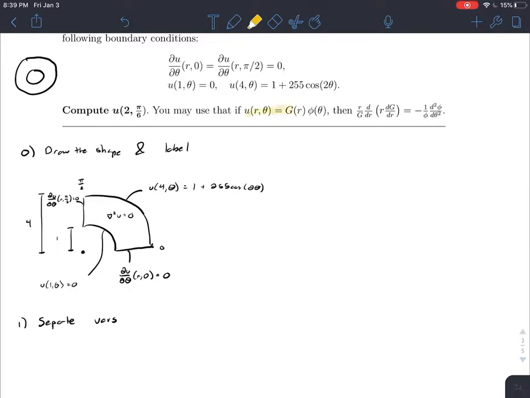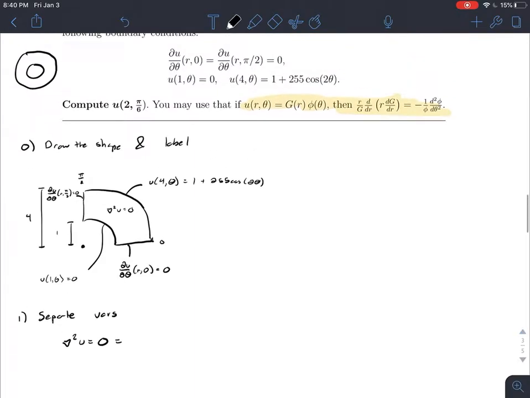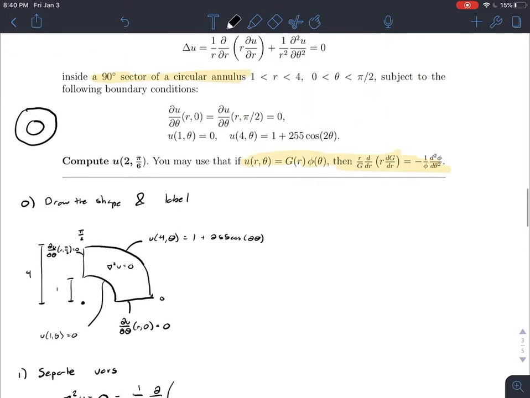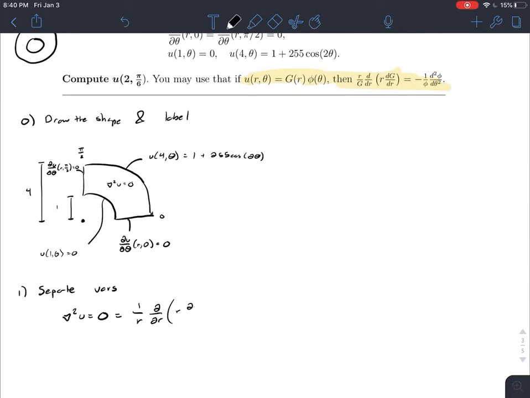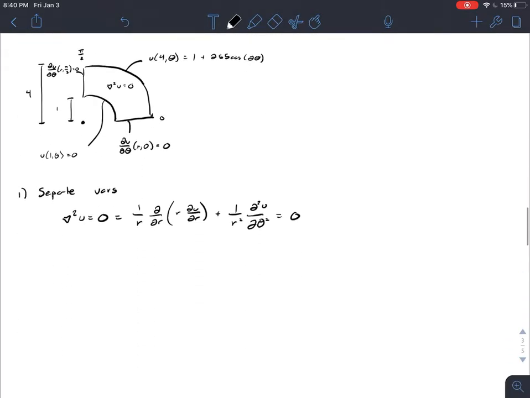Thankfully, we're already given what the separation of variables is for this problem. We know that the Laplacian of u is equal to the expression above, which I'm going to copy down here for notation's sake: the second partial of u with respect to r, plus 1 over r times the partial of u with respect to r, plus 1 over r squared times the second partial of u with respect to theta, equals 0.